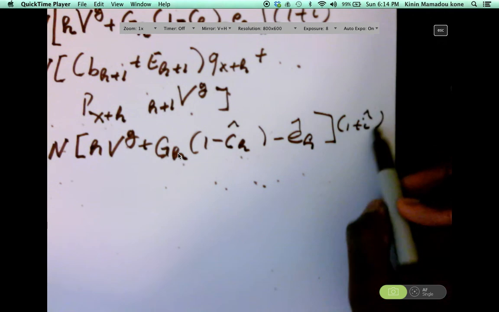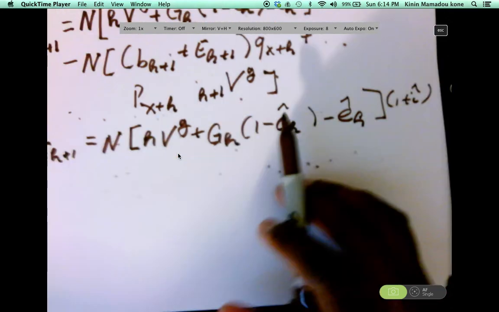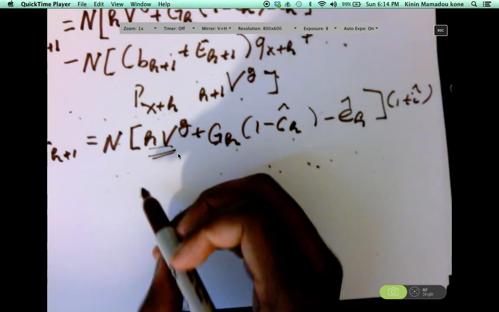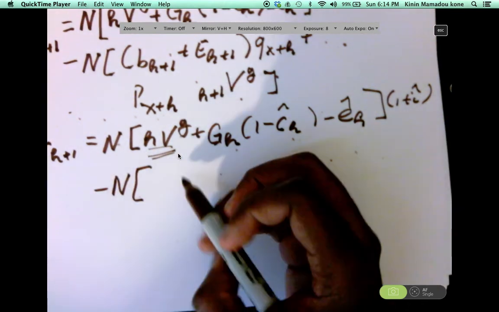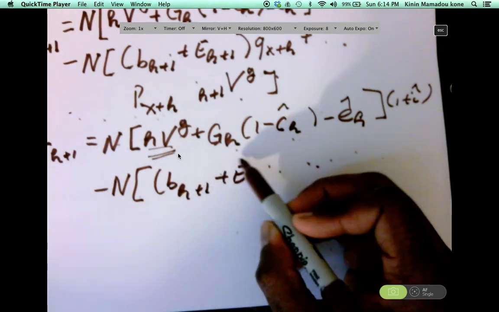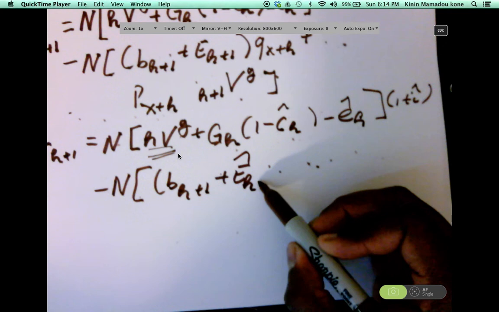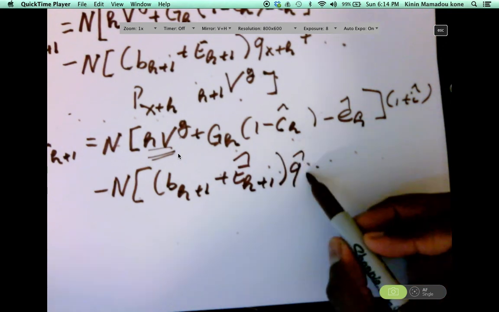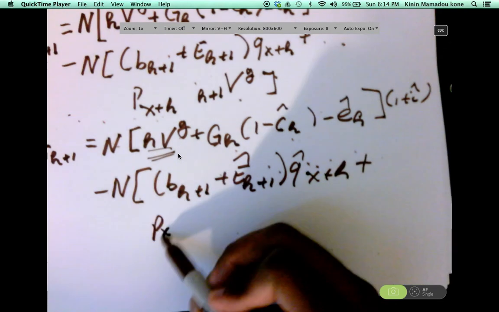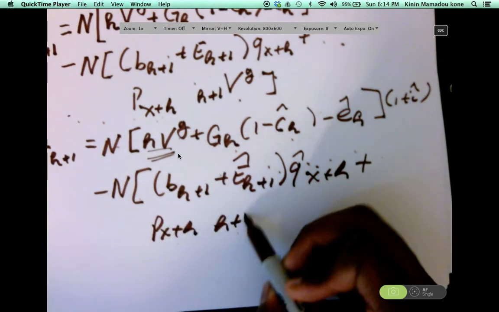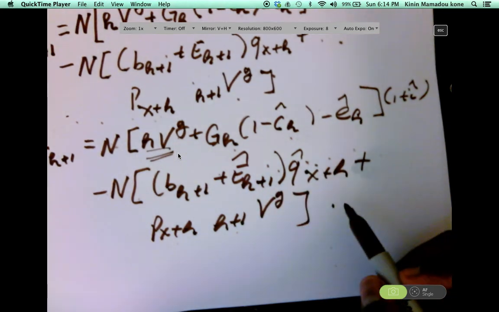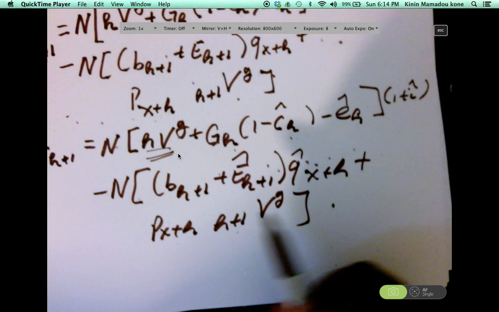You notice that there is a hat on everything except the reserve. Minus N times the benefit at time h+1 plus the settlement expenses, times the probability of dying, plus the probability of surviving times the new reserve. So that's a way of doing it.